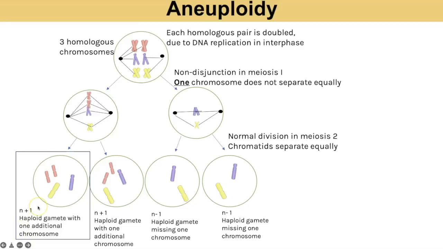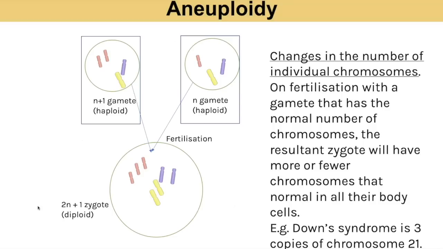Now if an N plus 1, so a haploid with an additional chromosome, fuses with a haploid gamete, that is how you can get trisomy, which means 3 copies of one particular chromosome. And that is how Down syndrome occurs, 3 copies of chromosome 21.